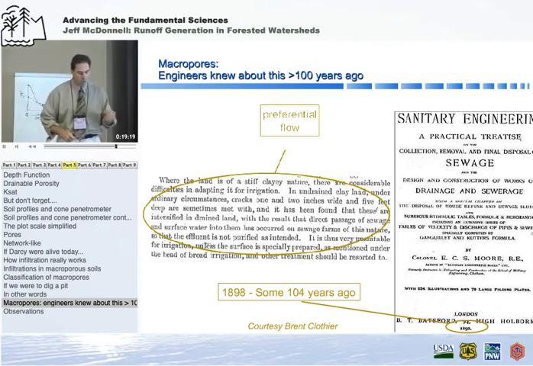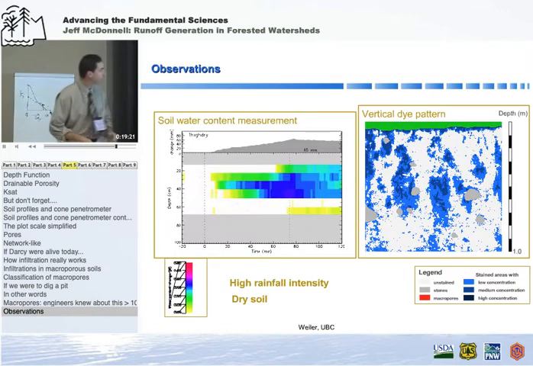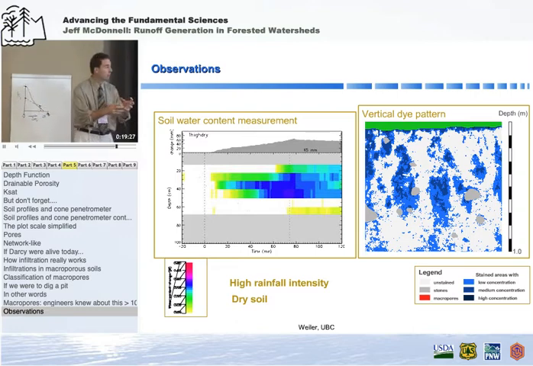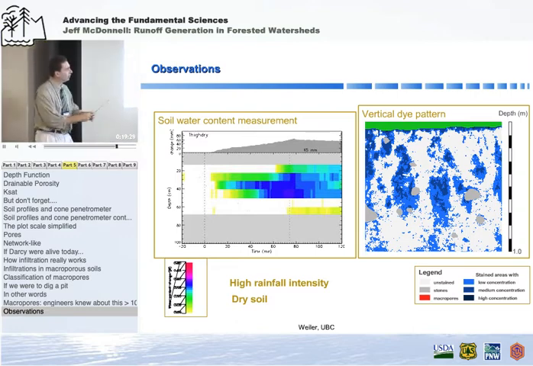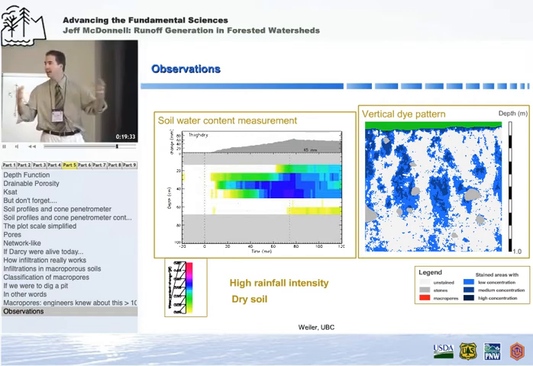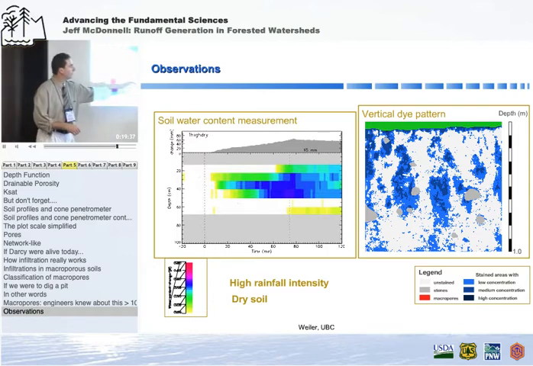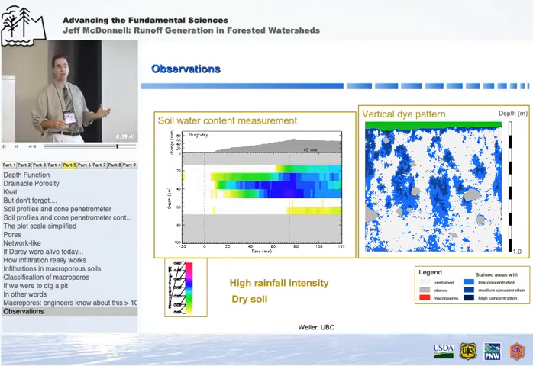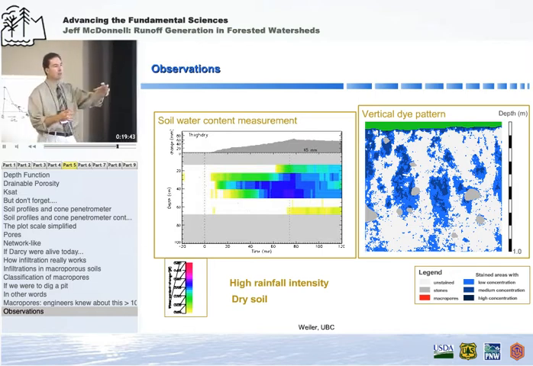So this is one issue: we can't put so much emphasis on this tiny plot scale, because you have great difficulty upscaling a 1 by 1 meter soil plot to the catchment. A catchment isn't a linear superposition of a billion 1 cubic meter soil chunks. A catchment or a watershed is really made up of larger landscape units that connect and disconnect.